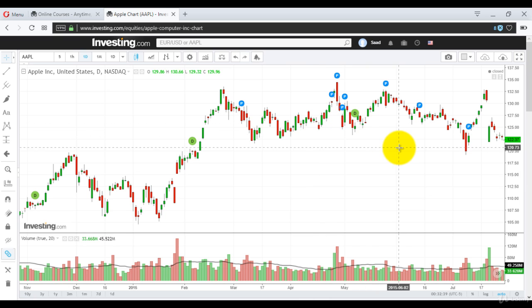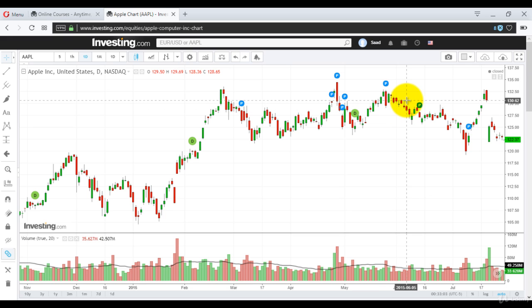Number two, right here, it's 129.58 open and the high is 130.58, a dollar high. But the close is 129.36, so the body is only 20 cents.